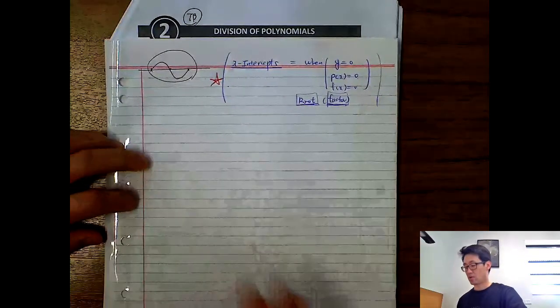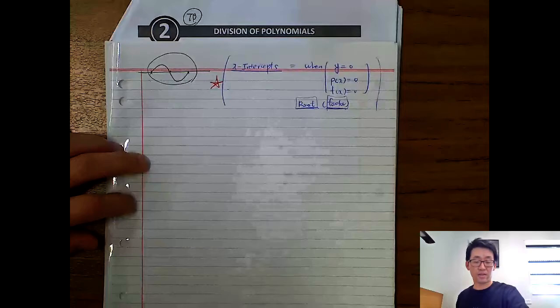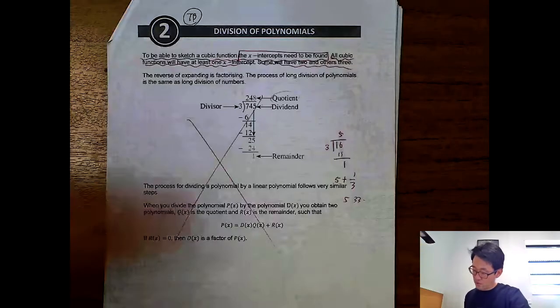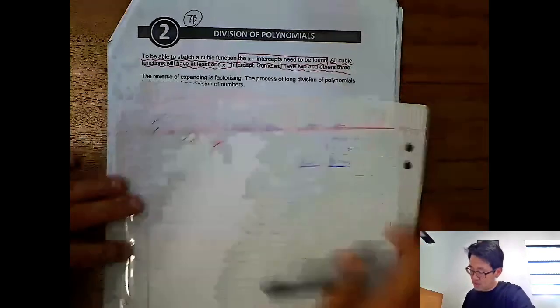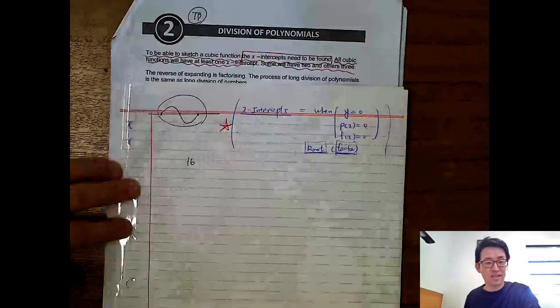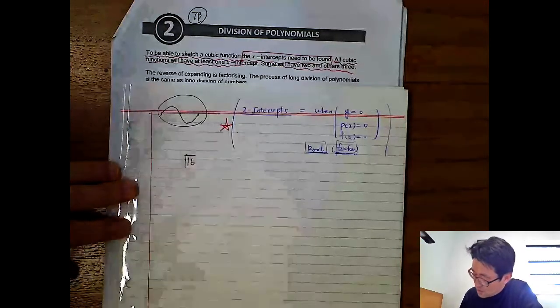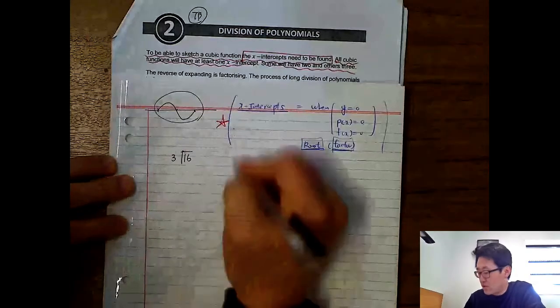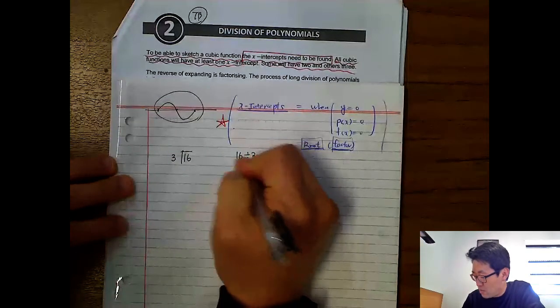So let's see the technique. You've done it before, but let's start from this. 16 divided by 3.